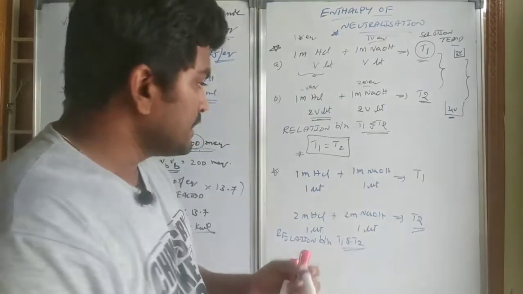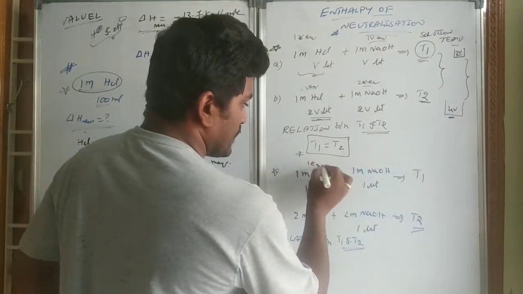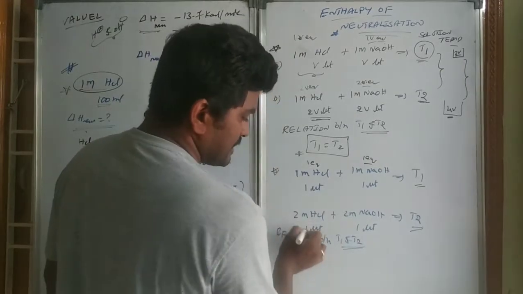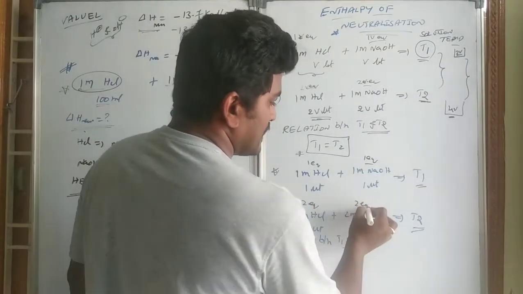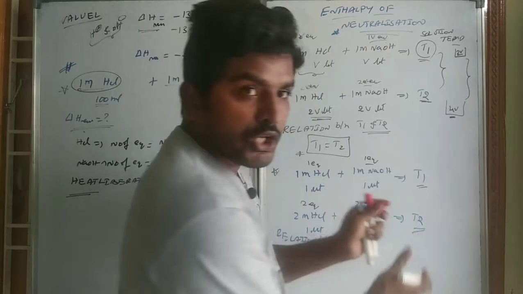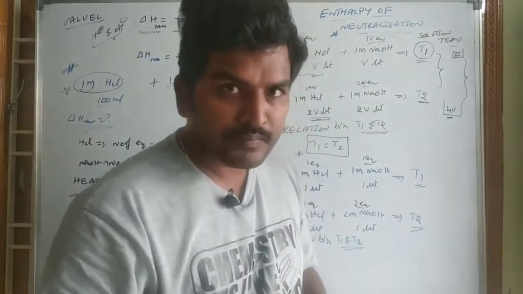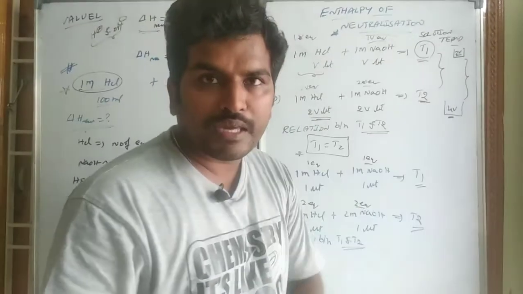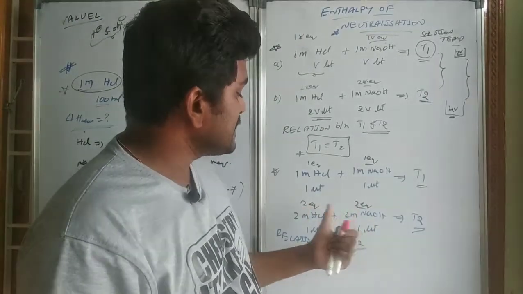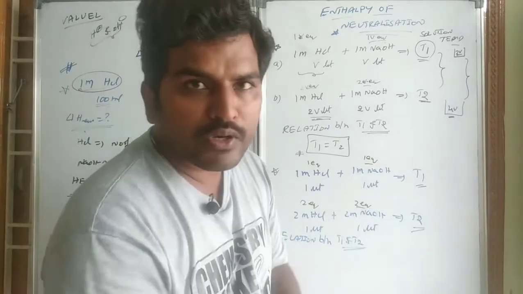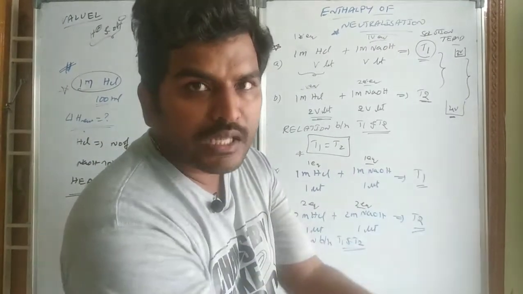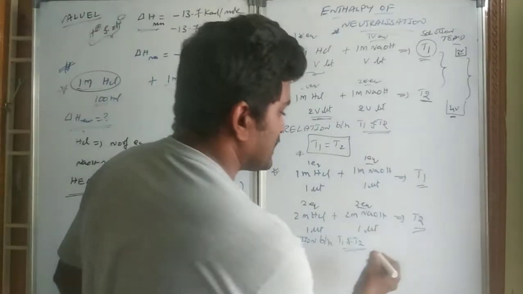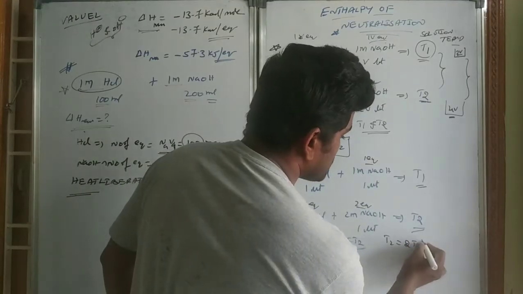See, in the initial case, one equivalent is reacting with one equivalent and the temperature was T1. In the bottom case, two equivalents are reacting with two equivalents, so the heat liberated is double, right? In the first case, one equivalent means minus 13.7 kilocalories is liberated. In the second case, 13.7 into 2 kilocalories is liberated. Since the heat liberated is double, the temperature should be double. So T2 is equal to 2T1.